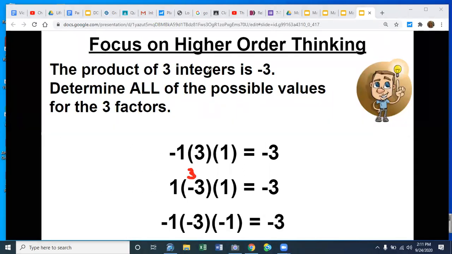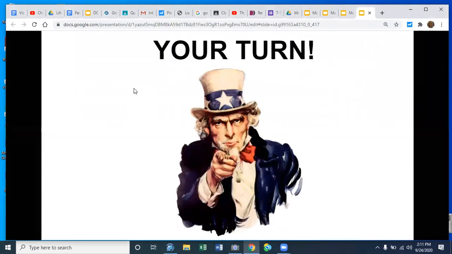Clear. Undo. Bottom one. -1 times -3 is +3 times -1. It's going to give us a -3. Okay? So you got to be thinking through that a little bit. That's why it's called higher order thinking. Okay, give it a try with 3 numbers like this.